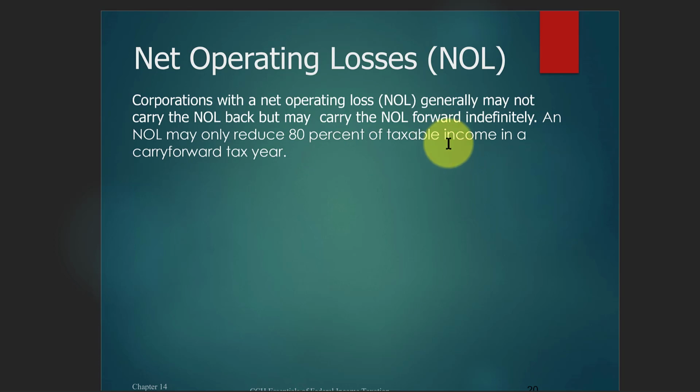But the government wants to help corporations in this stressful economic time by allowing them now to carry back the loss up to, I think it's 5 years. And there's no 80% limitation now, at least for the next few years of NOLs being incurred.